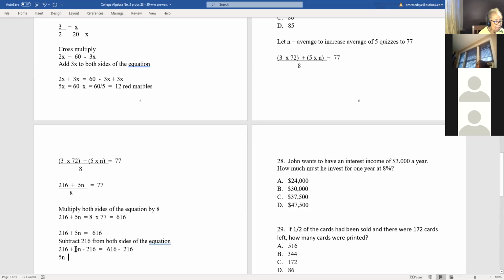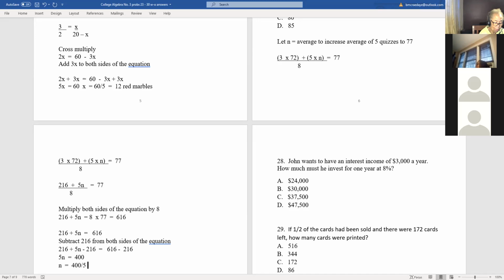So I have 5n on the left, and you told me already what goes on the right, and that's 400, right? So now you know what n is. What is n? Oh, n, what are you going to divide by? You divide both sides by 5, right? So that's going to be 400 divided by 5.